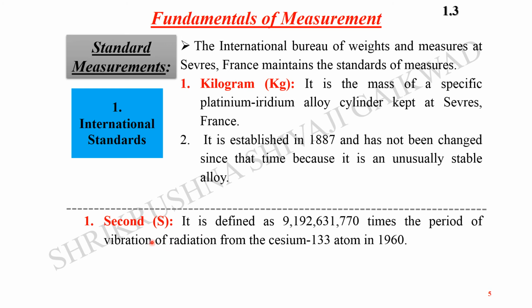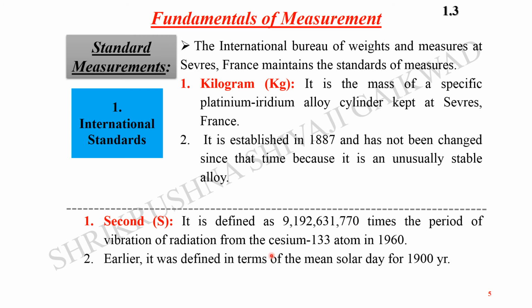Cesium 133 is the mass number given here. So for the cesium 133 atom, it is the number of vibrations it should perform while radiating this big number. If that many vibrations happen, then we consider that 1 second has elapsed.